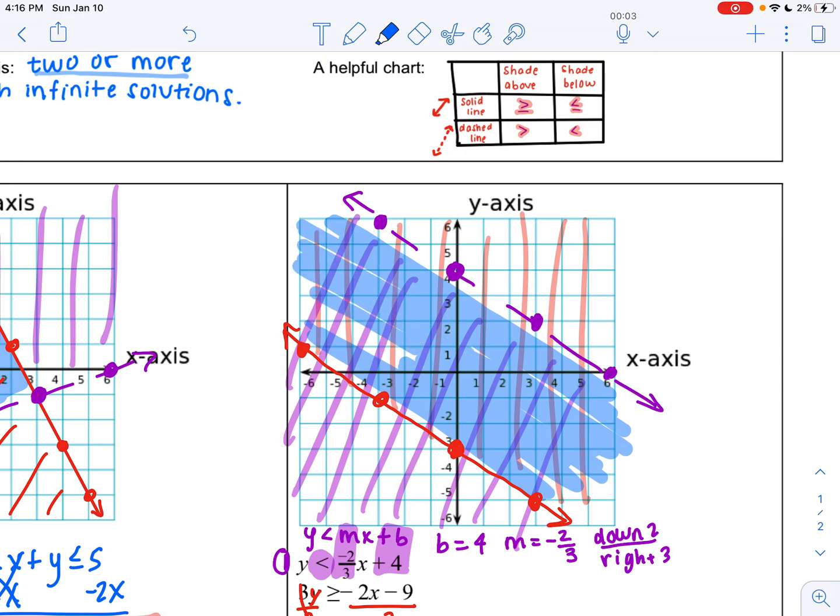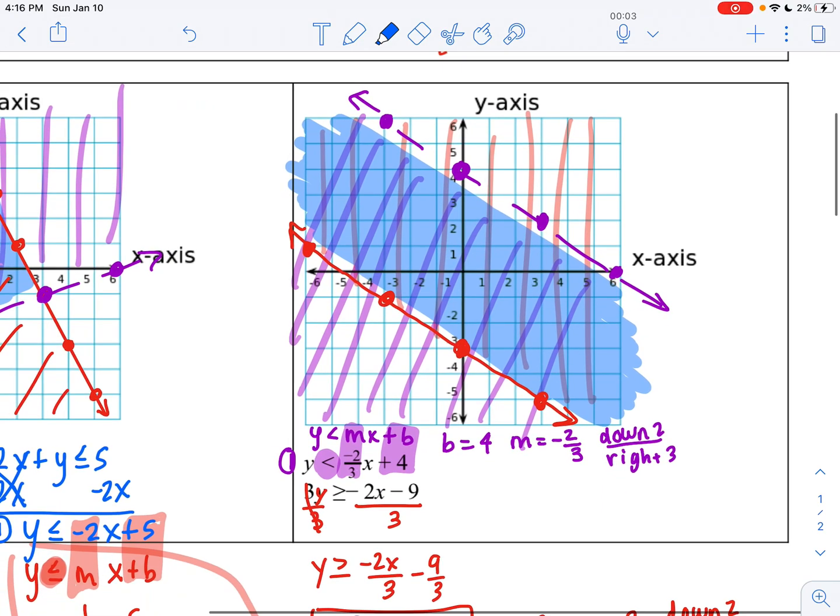That shows that anything you choose in this blue space that I'm highlighting right now is an answer to both of those inequalities. If you plug in any point in this area, any of these random points that I'm drawing, it's going to work for both equations, or both inequalities.